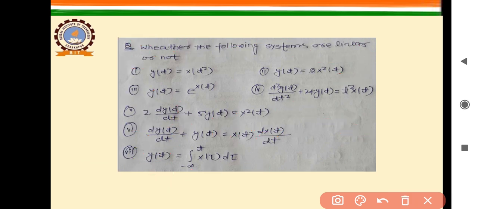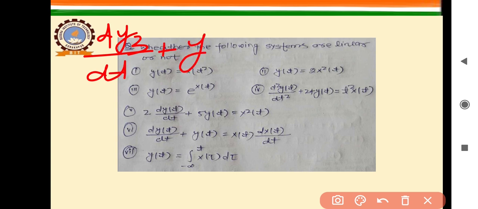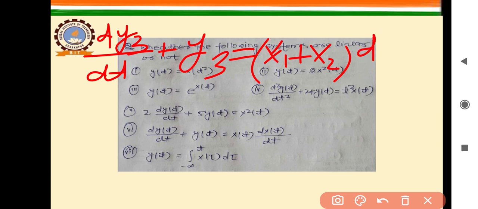Again, if I replace this variable by x1 plus x2, the equation will become dy3 by dt plus y3 is equal to x1 plus x2 into d of x1 plus x2 by dt.